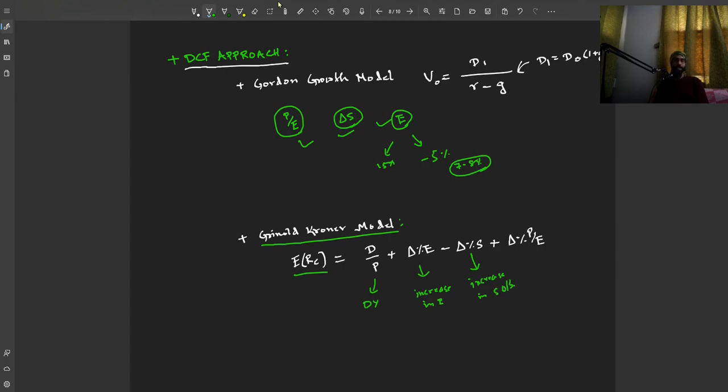Now here, if share repurchase occurs, the value becomes negative. In case of repurchase, the value is negative. And the next value is the percentage change in PE ratio.